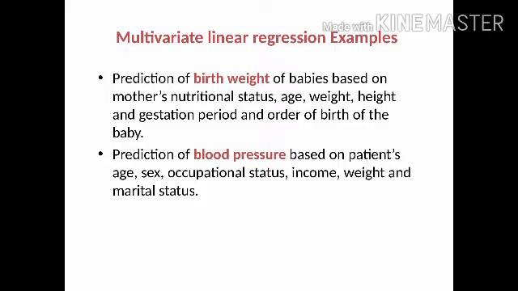Another example is the prediction of blood pressure based on the patient's age, sex, occupational status, income, weight, and marital status. Based on these risk factors, you can predict the patient's blood pressure, or the birth weight of babies.